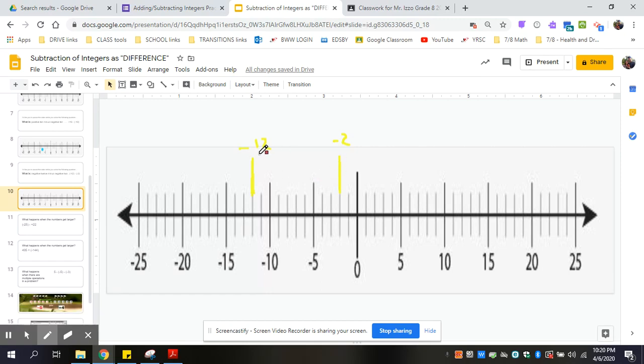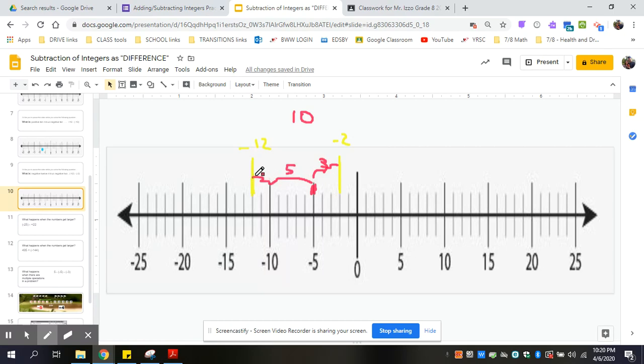There's a couple different ways you could do this. You could look at negative 2 and know that in order to get to negative 12, there's going to be that difference of 10. Another way you could look at it is to say, I know I need 3 to get to 5. 5 is a friendly number. And then from 5 to 10, I'm going to need another 5, another round and friendly number.